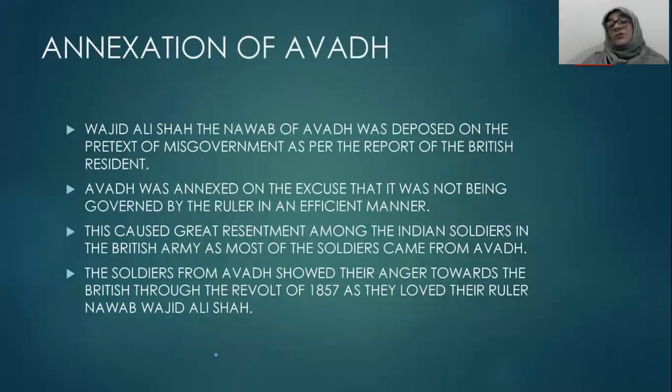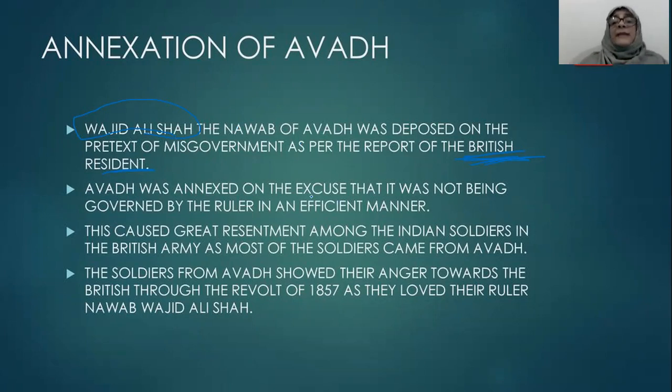Then annexation of Oudh. Wajid Ali Shah, the Nawab of Oudh, was deposed on the pretext of misgovernment as per the report of the British residents. Now they were giving reports according to which he was not capable of ruling. So his land was taken away. He was asked to leave and give up his position.